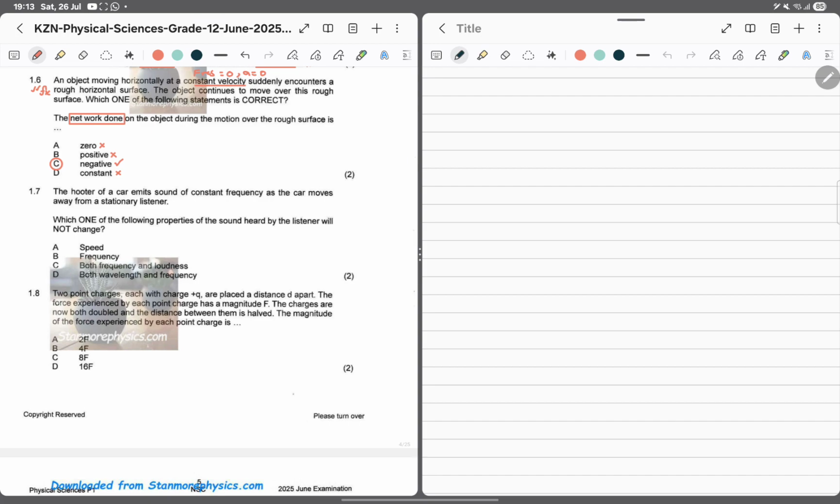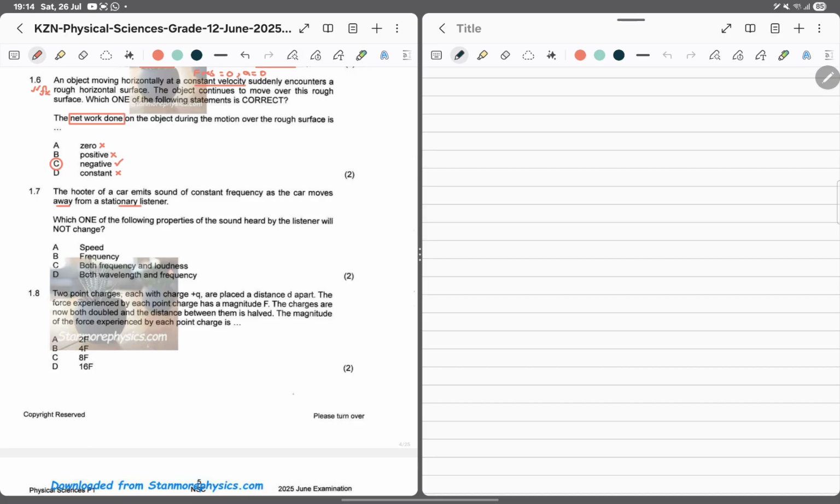1.7 says the hooter of a car emits sound of constant frequency as the car moves away from a stationary listener. So we're moving away and the listener is stationary. So we know the Doppler effect will tell us that the frequency will appear to decrease if the car is moving away.